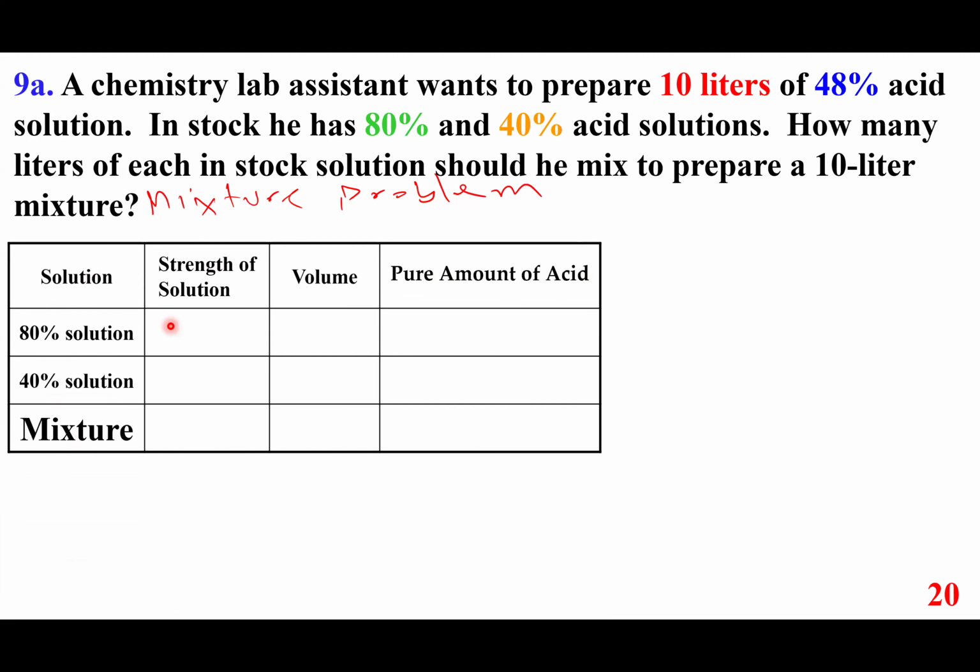So we have the 80% solution, we're going to say 0.8, and 40% solution, we're going to say 0.4, or you can keep it as a percentage, it doesn't matter, okay? And we want to get a mixture of 48%, or 0.48. That would be the type of solution. So we want to get 10 liters of 48%. That means this is 10.